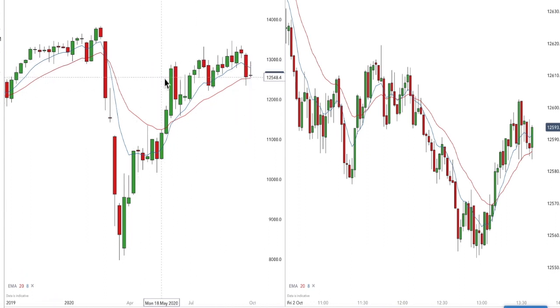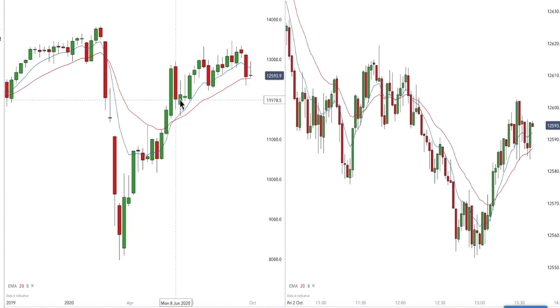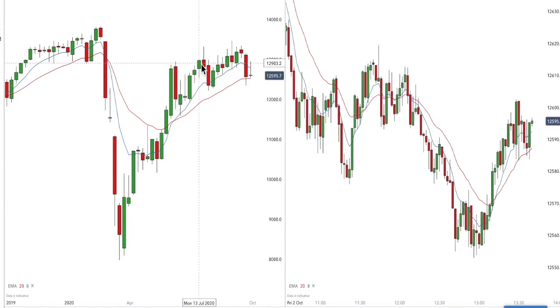When it last came down, big green followed by big red, but the red was weaker than the green. Then you got 1, 2, 3, 4, 5 consecutive green bars followed by 2 red bars, quite a big red bar in there, but there was a big response.